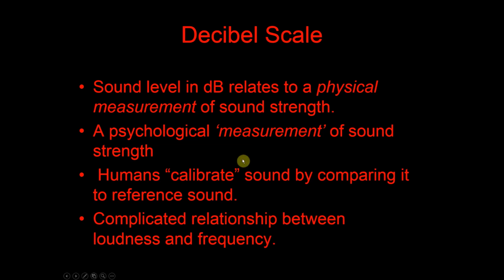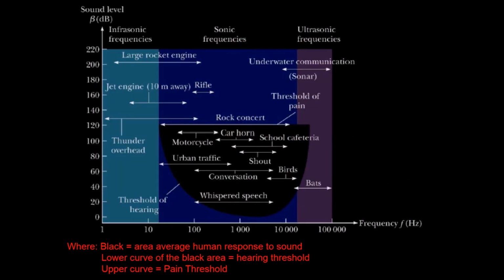Consequently, when it comes to loudness, there's a complicated relationship between loudness and frequency. The frequencies that people experience can often have different effects upon them and the sound level they perceive. As you can see, here we're looking at various frequencies from 1 to 100,000 Hz, and sound levels in decibels from 0 to 220.